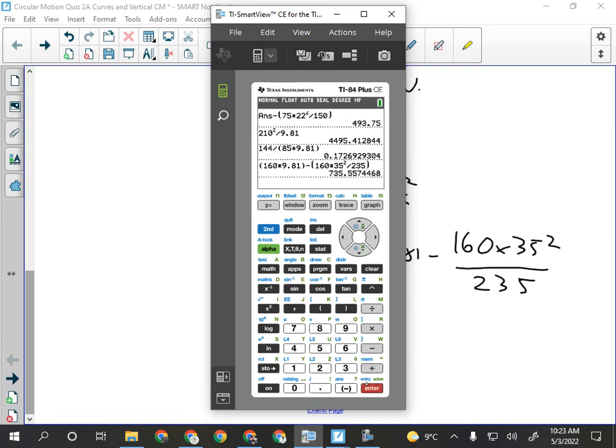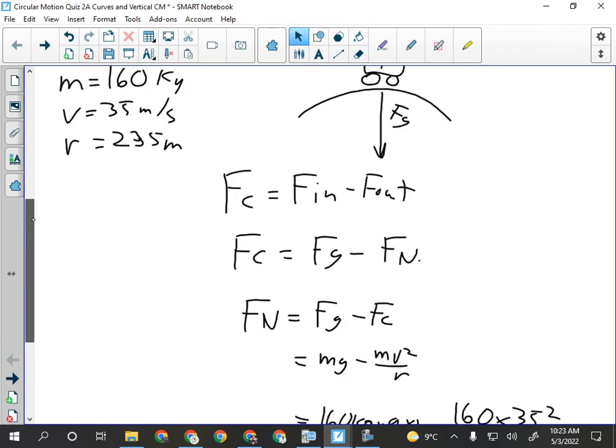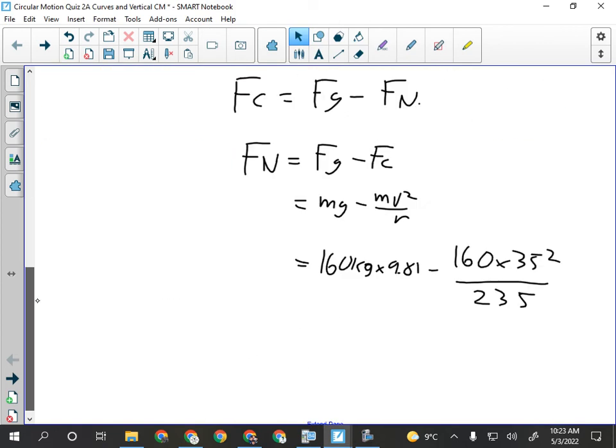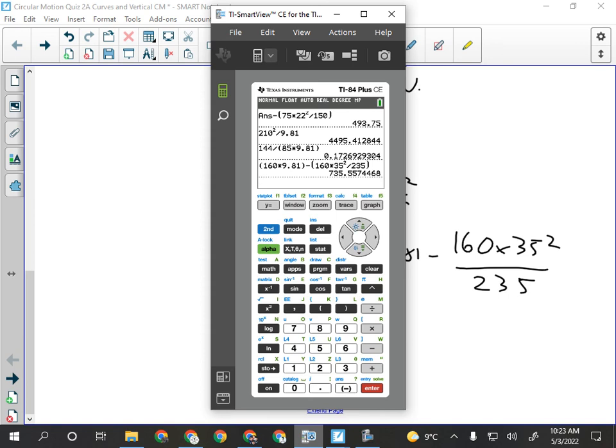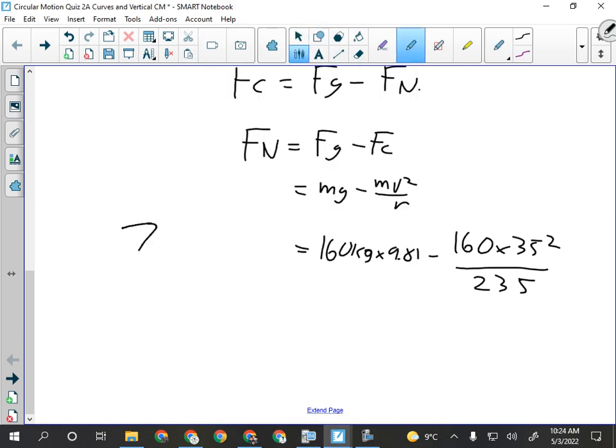When we punch all that in, we are looking at an apparent weight of, what do we have for sig digs there? We had 2. So we're looking at 7.4 times 10 to the 2 newtons.